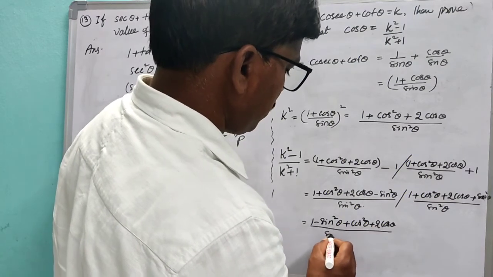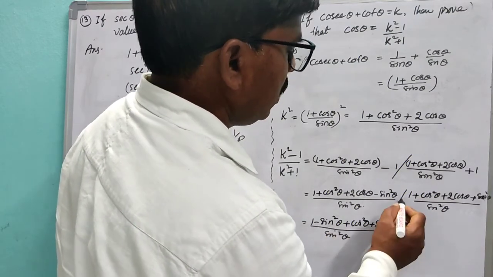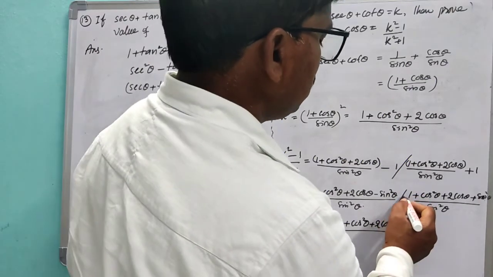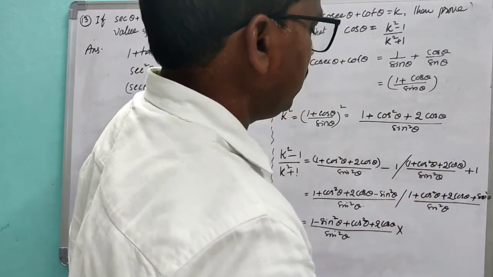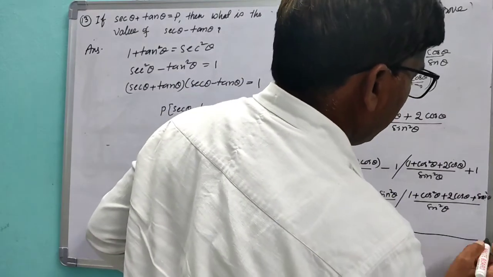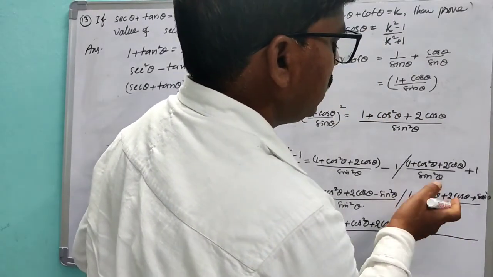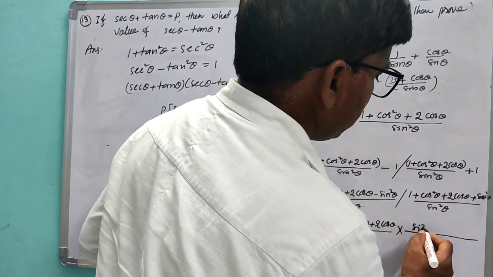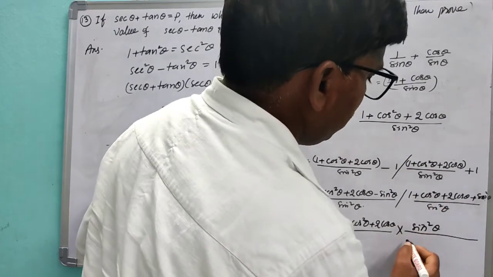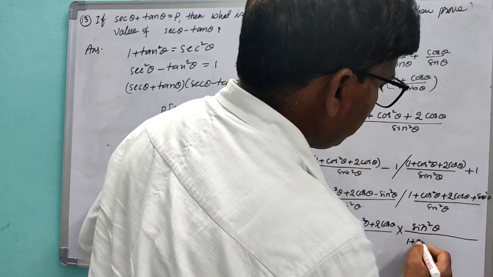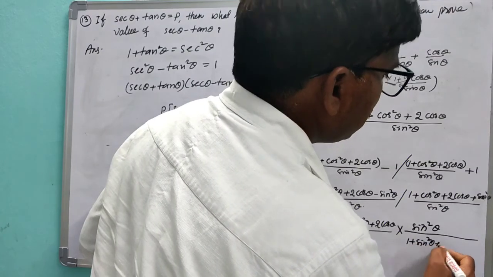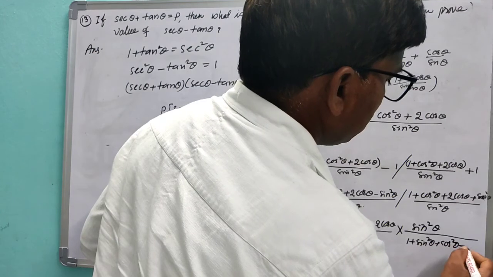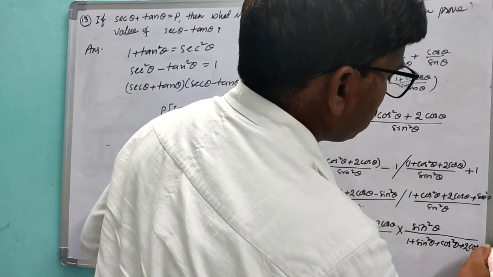Now this is a division symbol, so write this as a multiplication symbol, and write the denominator as numerator and numerator as denominator of this second fraction. So sin square theta below, this 1 plus sin square theta plus cos square theta plus 2 cos theta.